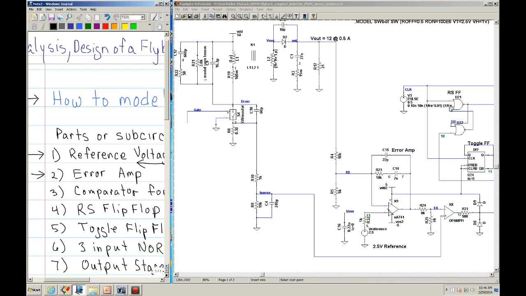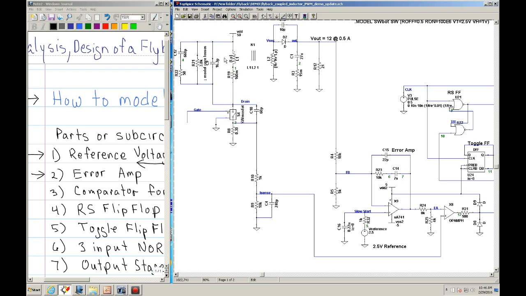So this is your error amp. Okay. Now, I put a resistor and I connect this node to a capacitor, and I label this node slow start.